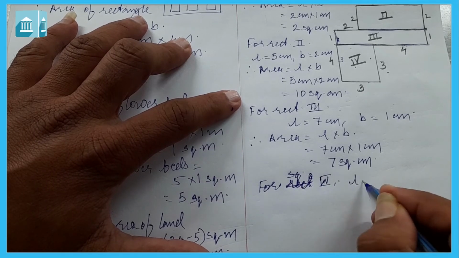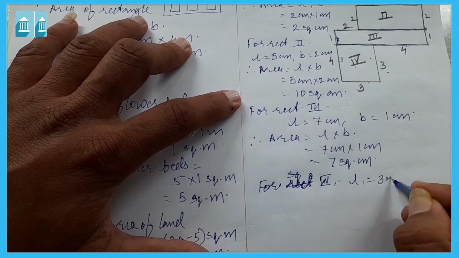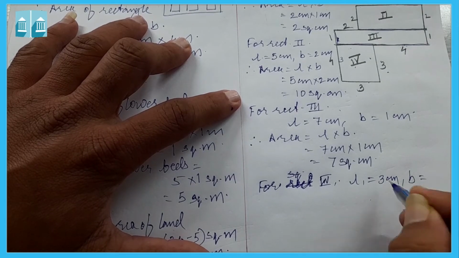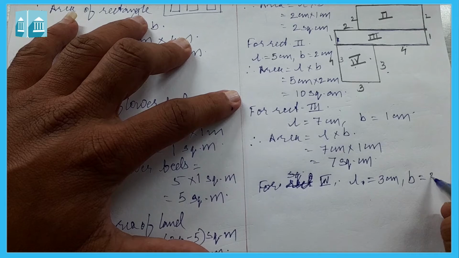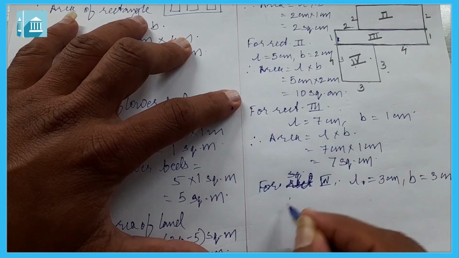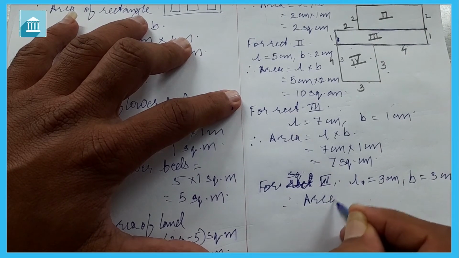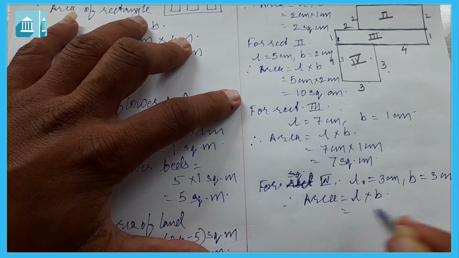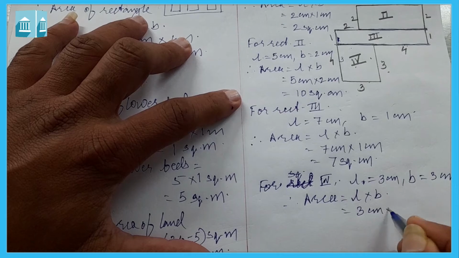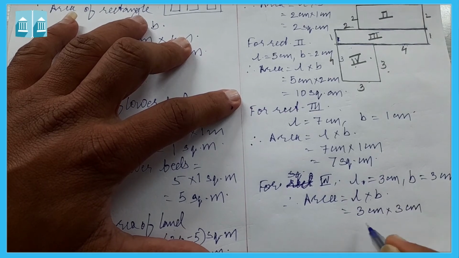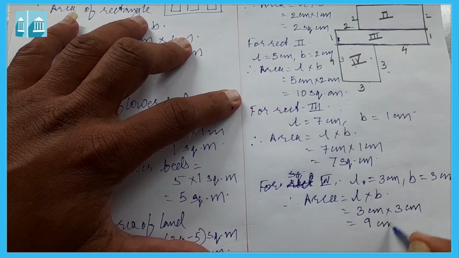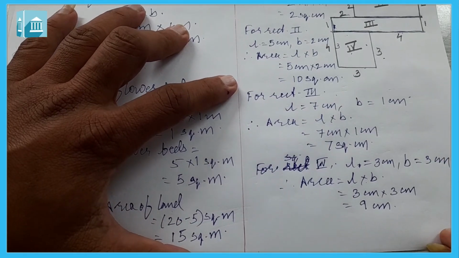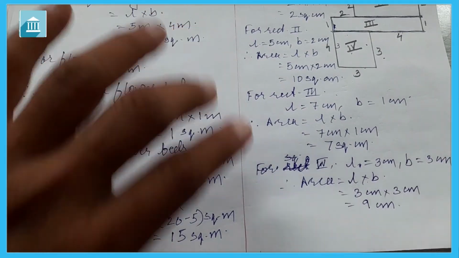Here L is equal to 3 centimeter, B also is equal to 3 centimeter, therefore area is equal to L into B, which is equal to 3 centimeter into 3 centimeter, which is equal to 9 square centimeter.